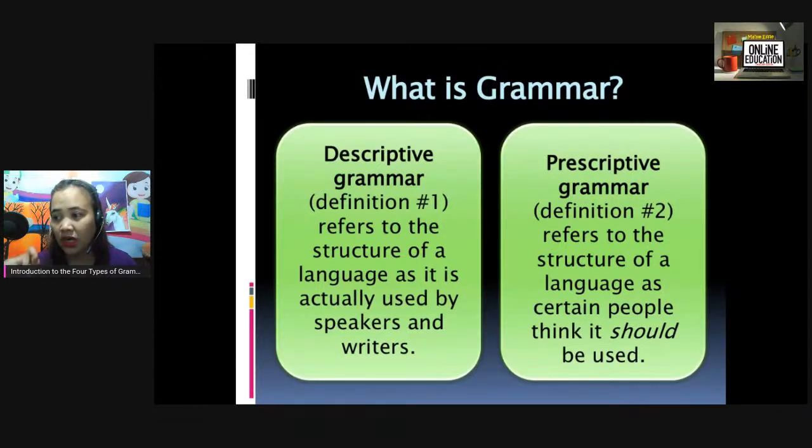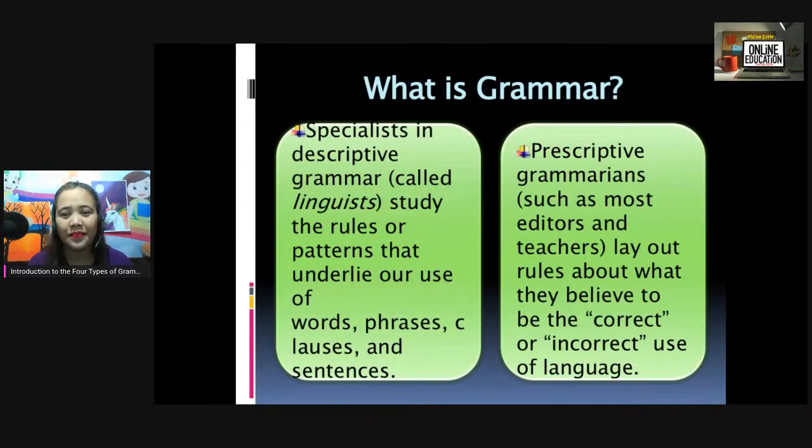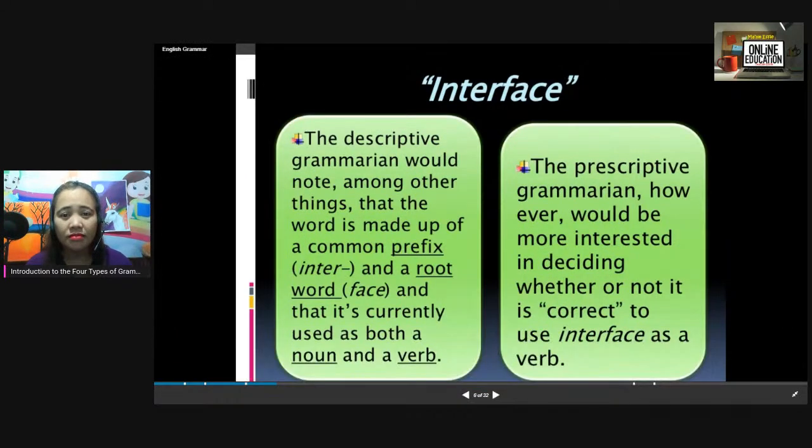For example, you are not going to use this in formal writing. You are not going to use contractions like don't; for don't, you had better use do not. So that is prescriptive. It means you are going to deal with what is not and what is allowed in grammar, in writing. Okay, so let's proceed.